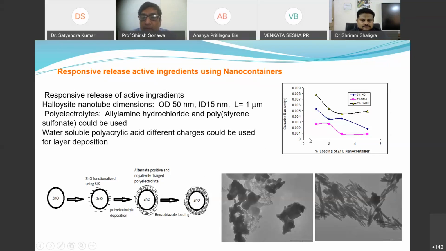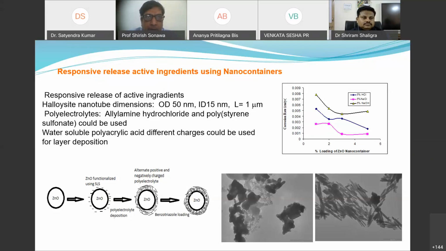So you can see on the top graph the corrosion rates based on the different kinds of nano container loadings. So this is also one of the possible methodologies which can be utilized for responsive release. Sometimes temperature-based responsive release also can be carried out, or maybe pH-based responsive release.